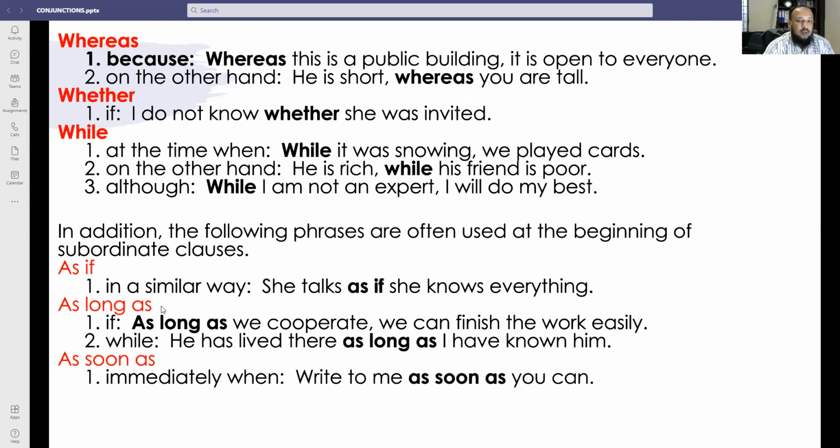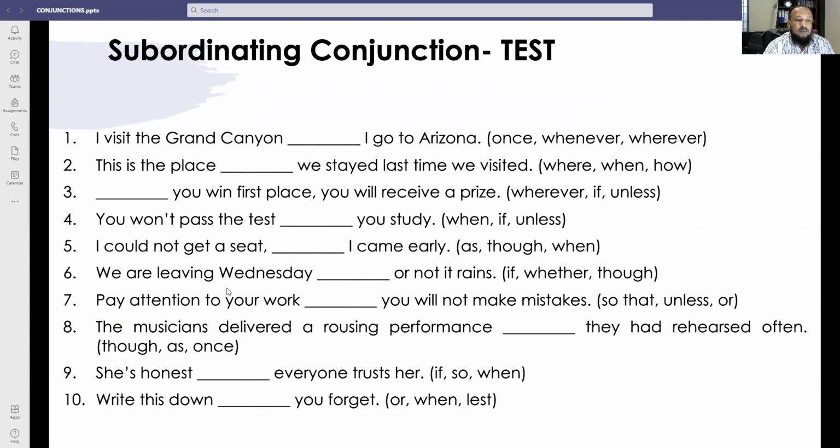Whereas, whether, while, as if, as long as, as soon as. So this is a test. Again, there are 10 sentences. You have to fill them, apply this test and come with the right options.